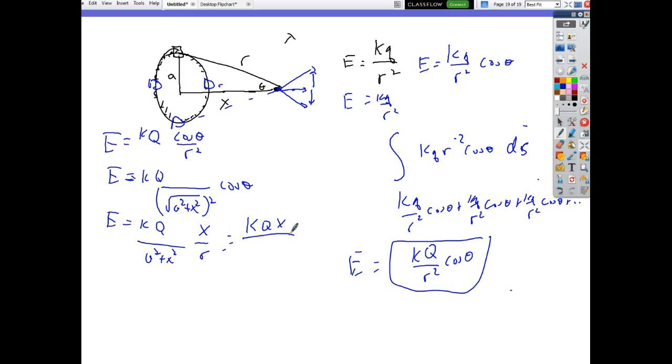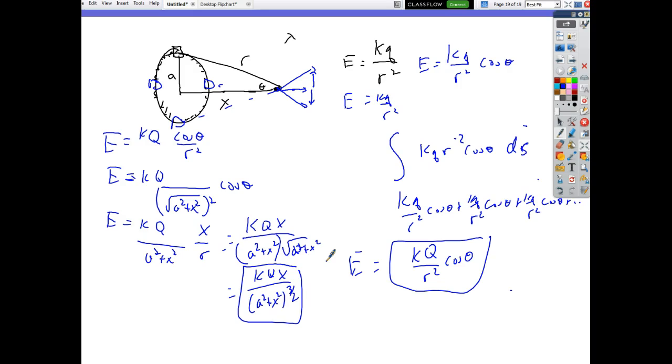So this is going to be a squared plus x squared times the square root of a squared plus x squared, agreed? I don't want that either, so I'm going to make it even worse: kq times x over a squared plus x squared to the 3 halves. And that's, generally speaking, the way we're going to end up writing that thing.